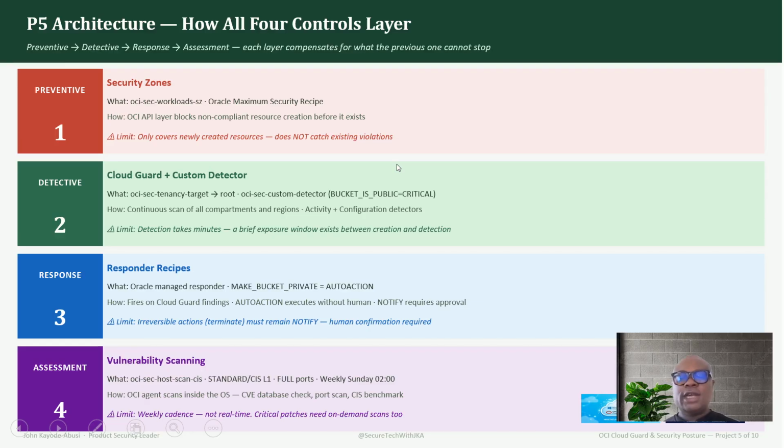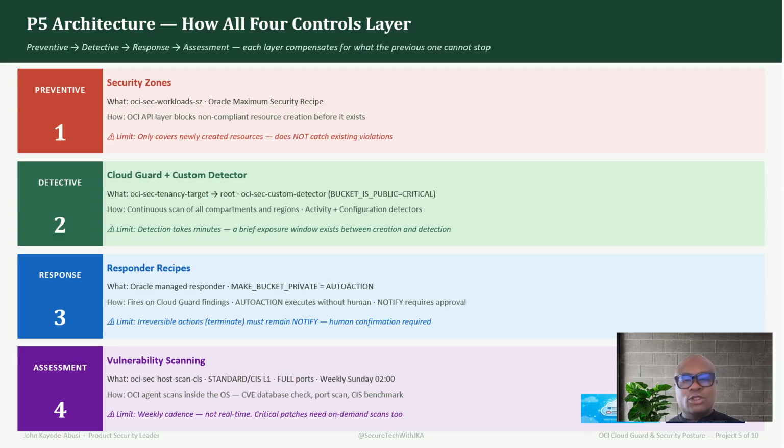So if you have a legacy environment where this kind of capability was not running before and now you want to enable it, it can only prevent misconfiguration moving forward. But for what has already been done, the backward compatibility needs Cloud Guard and custom recipes to handle that, especially the detector. Then you can still respond here.